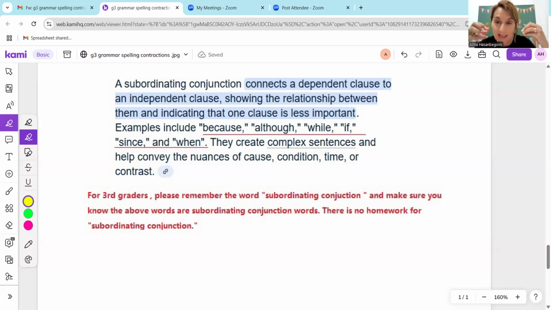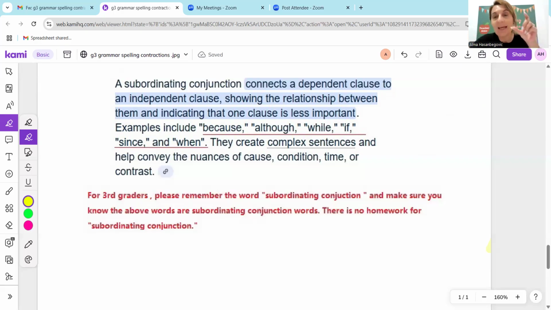They create complex sentences and they help convey the nuance of cause, condition, time, or contrast. Now, just to tell you very quickly, you have noticed here that I'm using the words coordinating conjunctions, subordinating conjunctions, independent clause, and dependent clause.